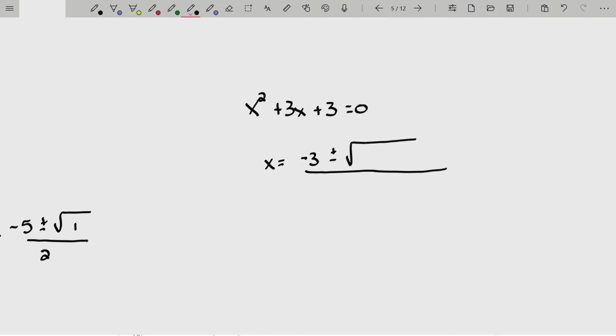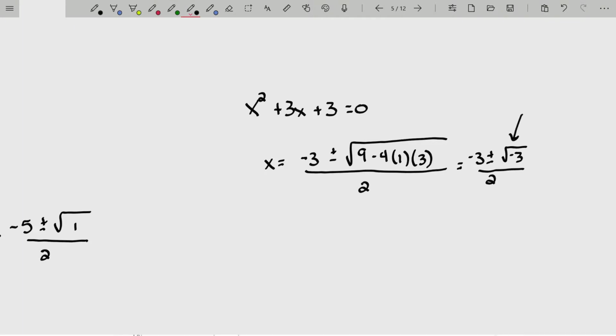I'll take the opposite of b plus or minus the square root of b squared minus 4ac all over 2a. When you do this, you would be very aware that you have an imaginary number, right? 9 minus 12 is negative 3. So you have a square root of negative 3 right here, all over 2.